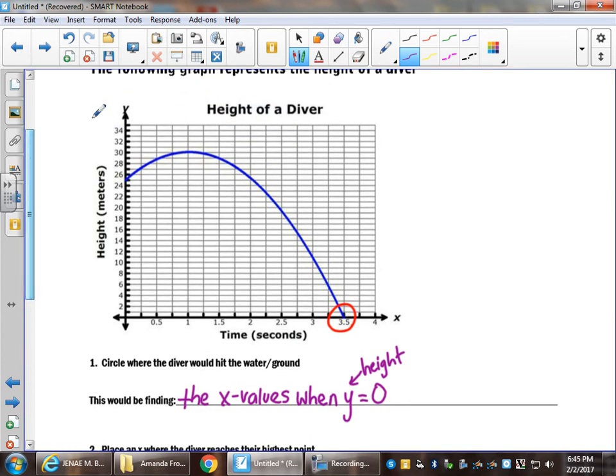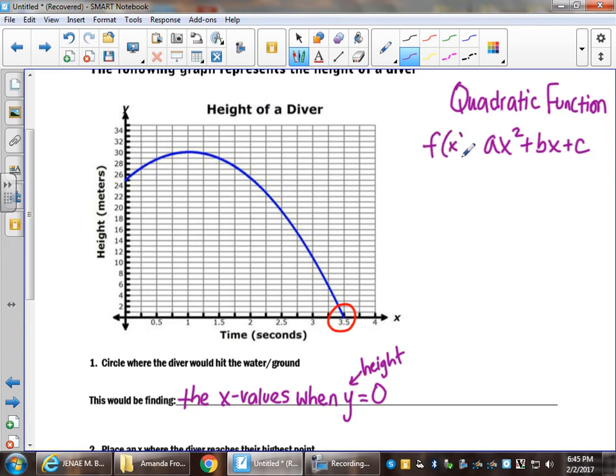Remember our general form of a quadratic function in general is ax squared plus bx plus c, and we could write f of x equals, use f of x to represent y.